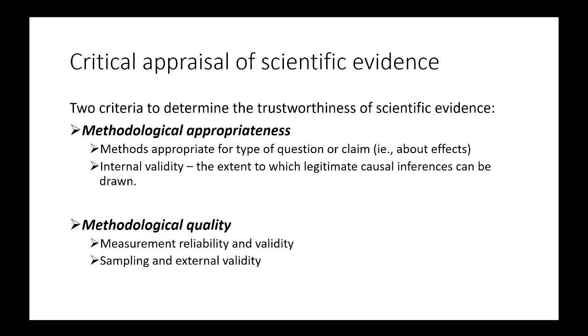Whatever they're showing is true for the sample that they are using. That means internal validity. Their finding that X causes Y is true, or very likely true, to a high probability within the sample that they are using. That's internal validity.